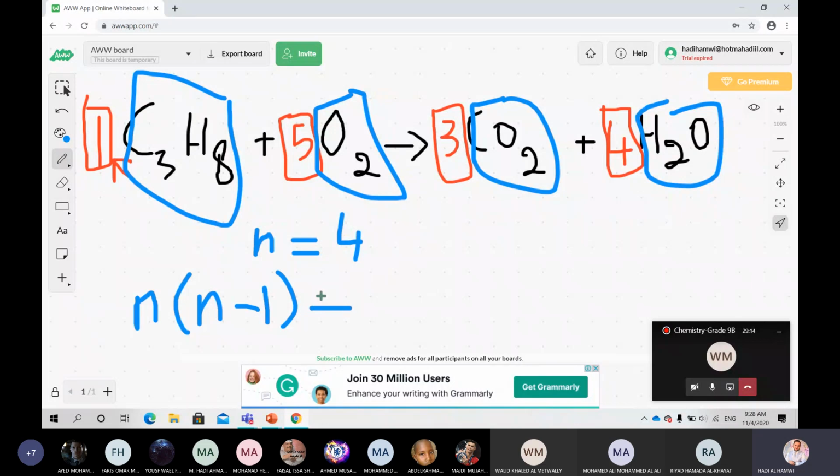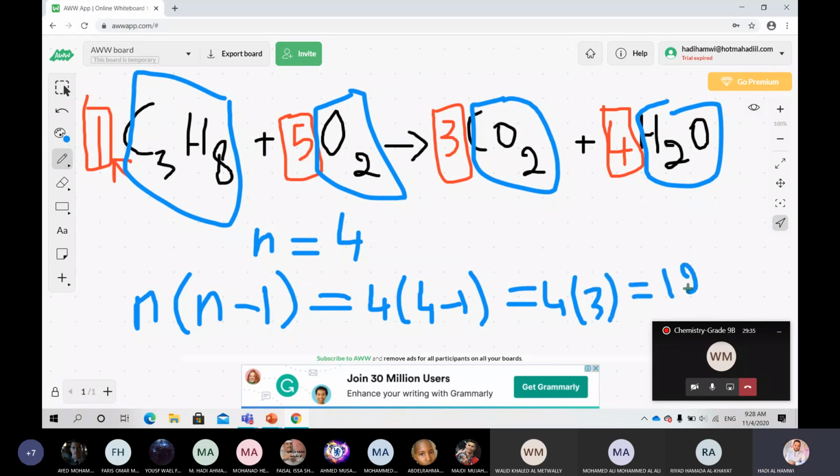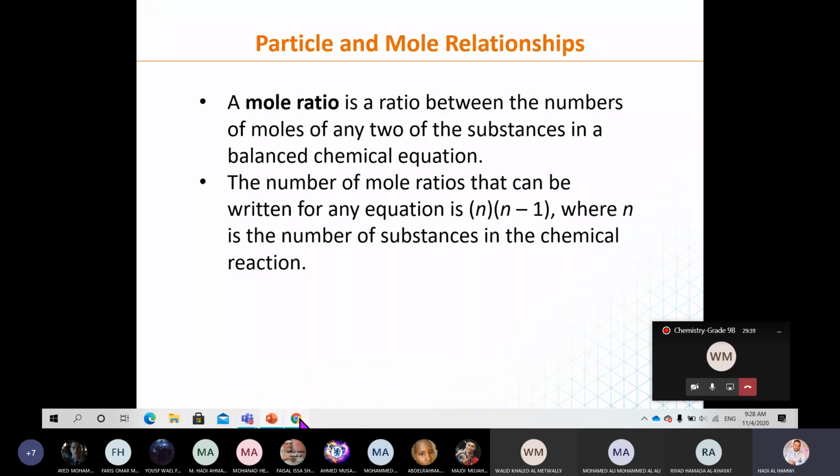So it will be 4 into 4 minus 1, which is 4 multiplied by 3, so 12. So from this chemical equation, I can write 12 mole ratios. The number of mole ratios I can write for any equation is n into n minus 1, where n is the number of substances in the chemical reaction.